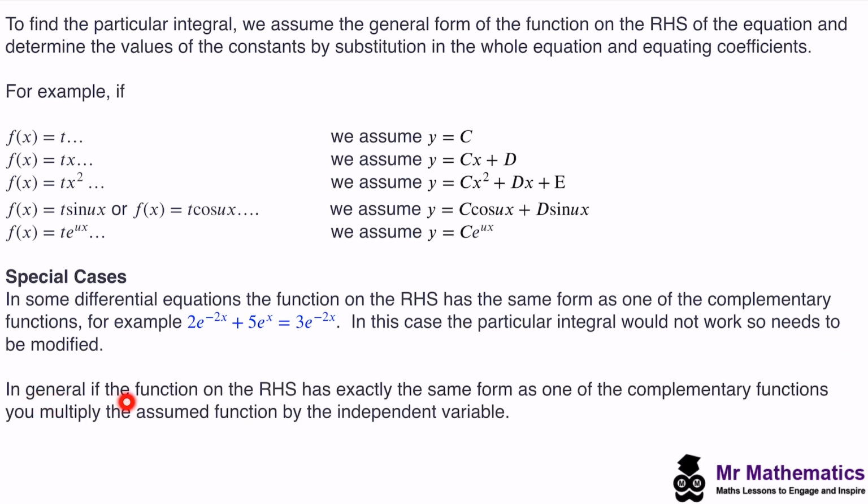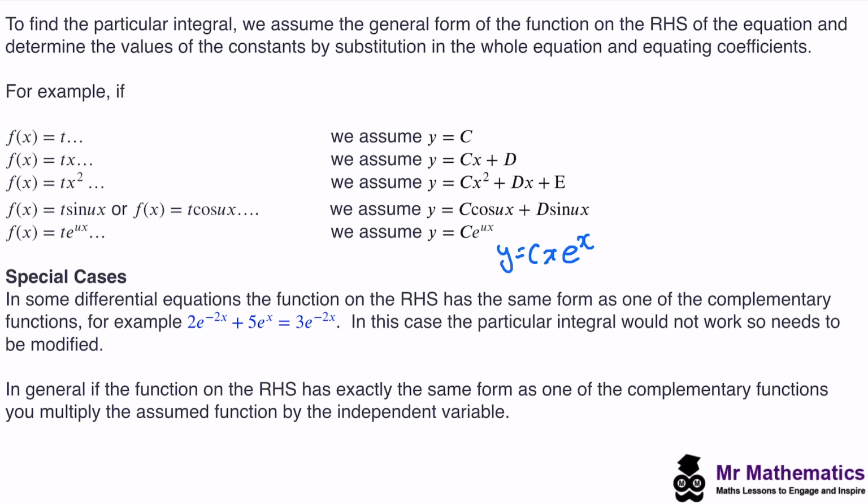And in general, if a function on the right-hand side has exactly the same form as one of the complementary functions, you multiply the assumed function by the independent variable. So in this case, we would assume this function, but would have to write y is equal to c x e to the x. So we've multiplied this by the independent variable.